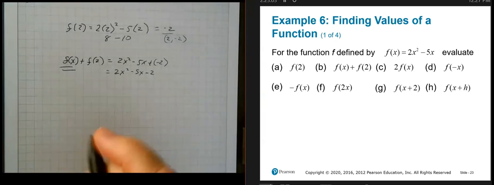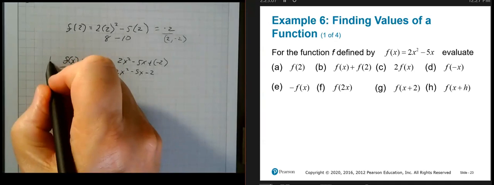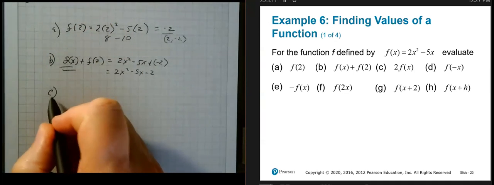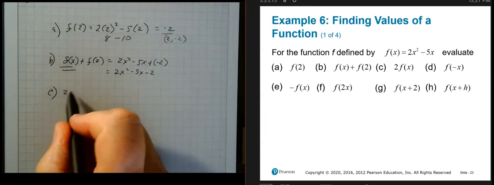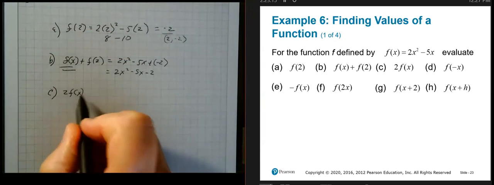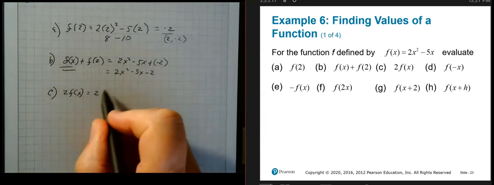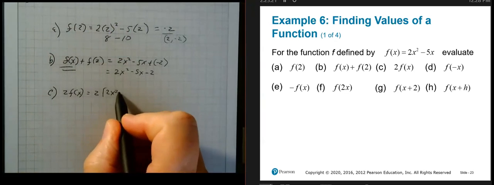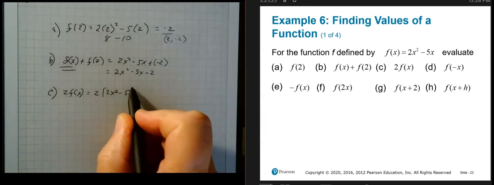All right. Now, letter C. This was B and this was A. So letter C, we're going to do 2 times f of x. That means we do 2 times the expression 2x squared minus 5x.